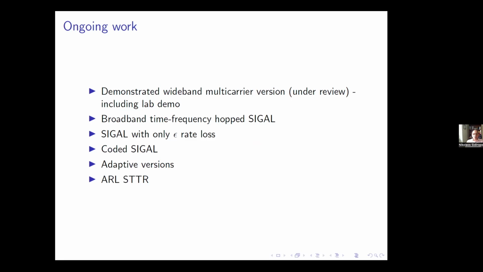We are currently working on broadband time frequency hopped signal alignment, because it turns out that by doing repetition in frequency and time, and by doing time frequency hopping, you can actually reap important diversity and secrecy and privacy benefits. We are working on signal alignment with only epsilon rate loss, epsilon being very small.